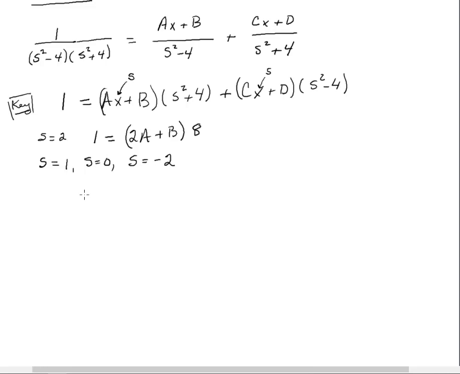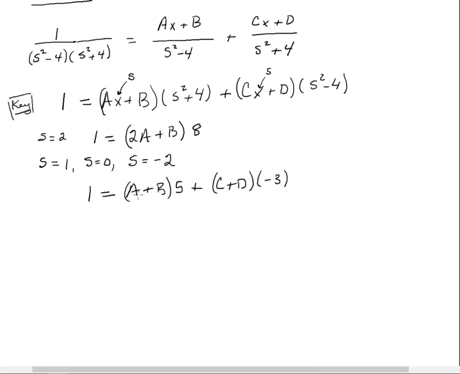Other values would work, but using those, I found equations, and I'm not going to solve these on the fly here, but I found other equations that were 1 is equal to (a plus b) times 5 plus (c plus d) times negative 3.